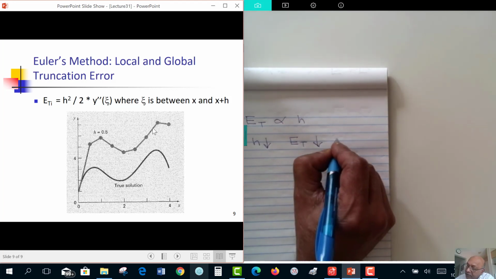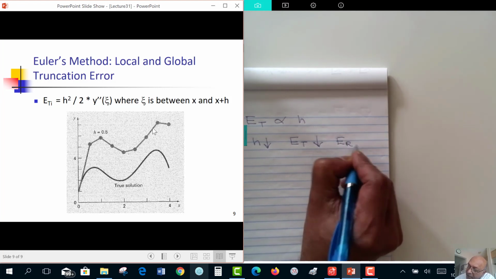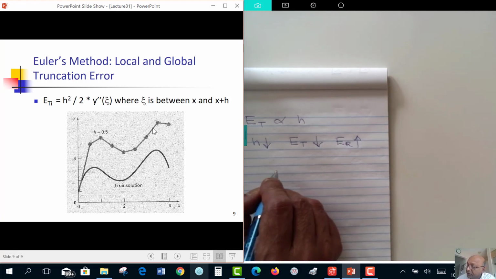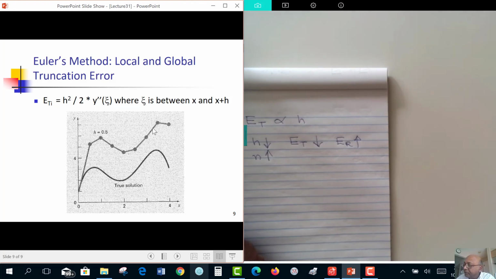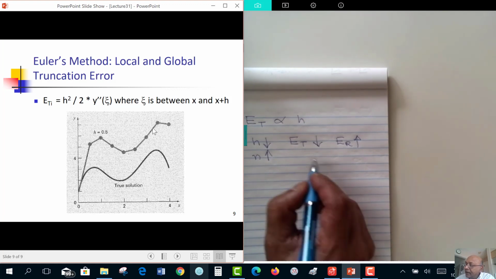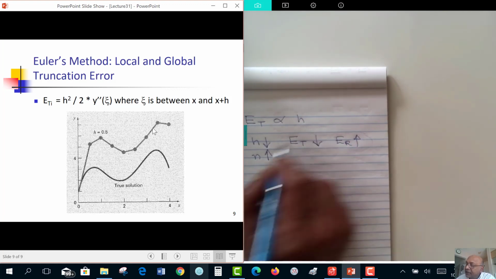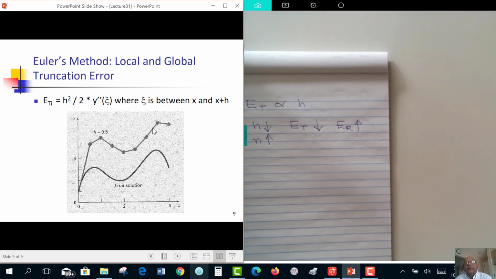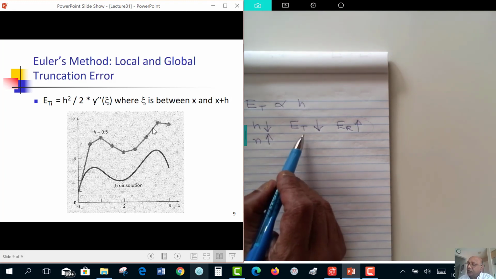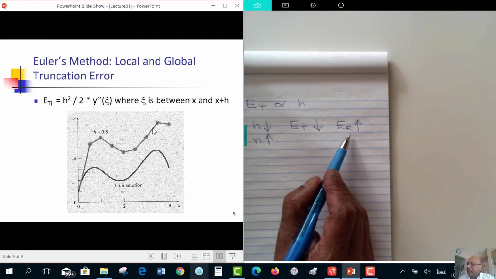However, we will increase the round off error because we'll be doing more calculations. Because as h decreases, the number of calculations or number of strips goes up. So remember, we had this discussion last time when we talked about Richardson extrapolation and Romberg integration. So we've got to be careful here. If we use too thin a strip, we can increase round off error.